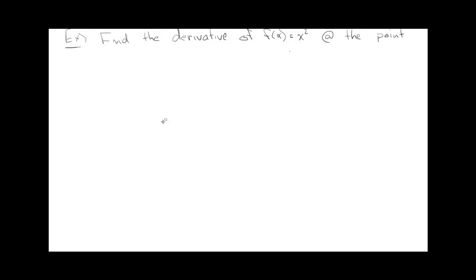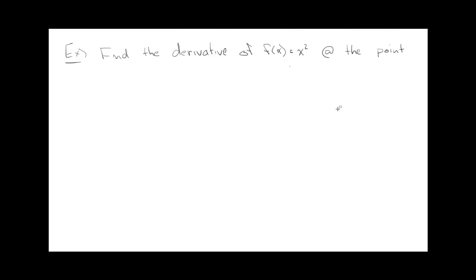Okay, same question. Find the derivative of f of x equals x squared at the point, but now instead of giving you a specific point, I'm going to do it at a general point. So x squared. Okay. So here we're going to do f prime at, and now I don't have a number, I just have x.